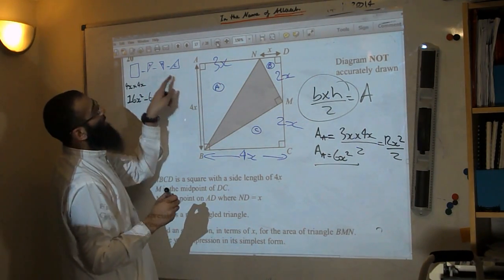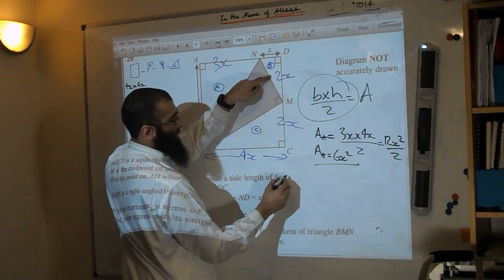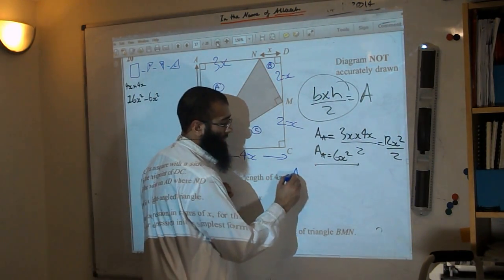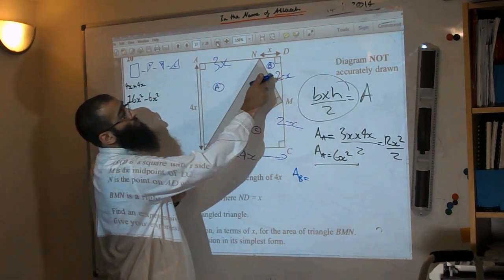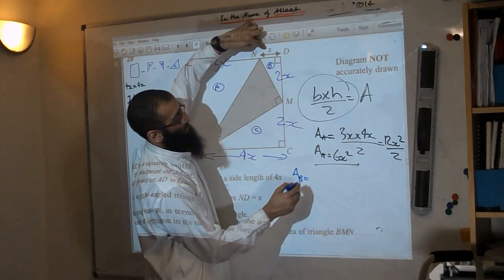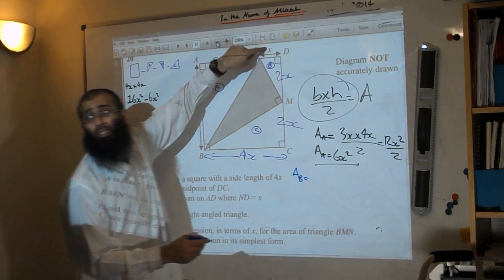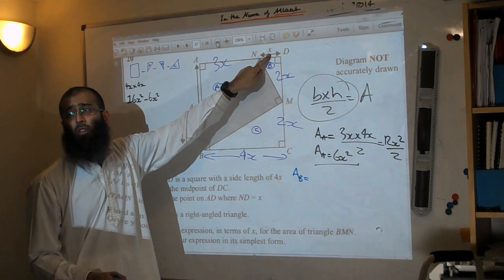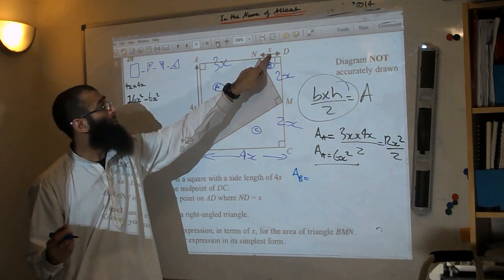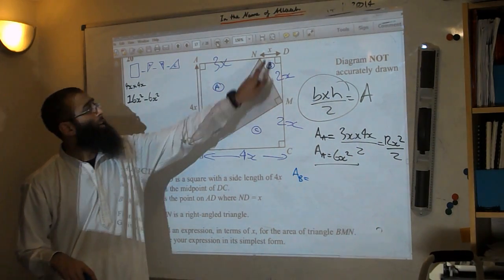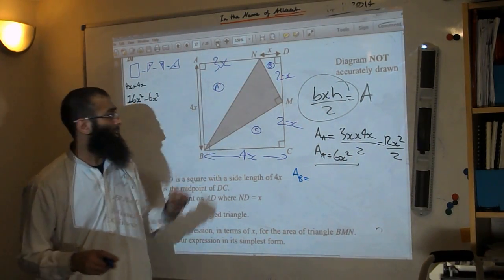So I'm going to copy it here. Now let's work out the area of triangle B, which is that one here. So let's change colour over here now. What's the base? Can you read what he says over there? X, thank you, right.